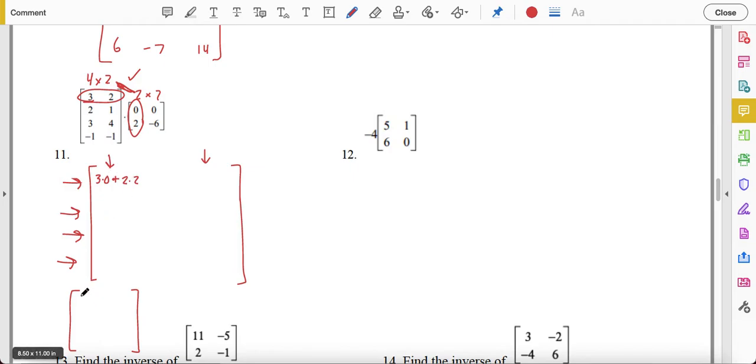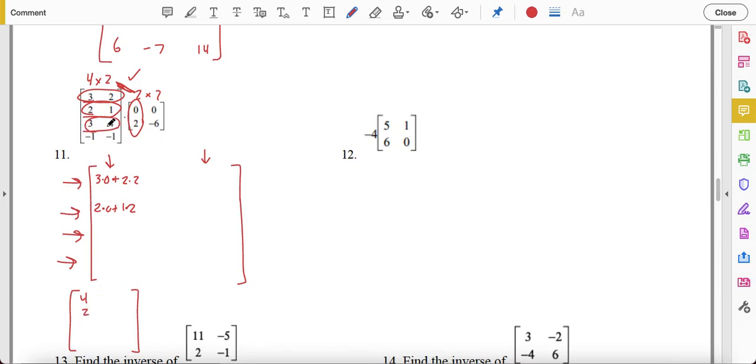That is going to be 4. Next one, I've got 2 and 1 times 0 and 2, so 2 times 0 plus 1 times 2, it's going to be 2.